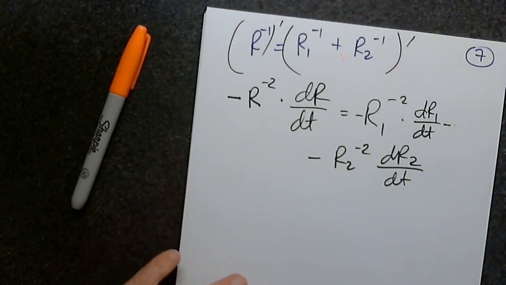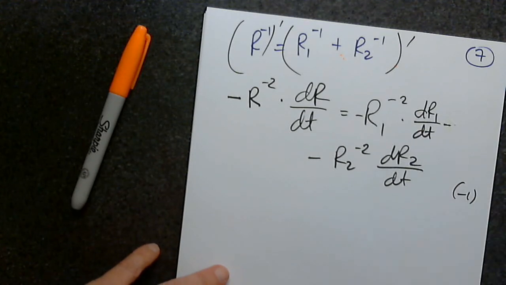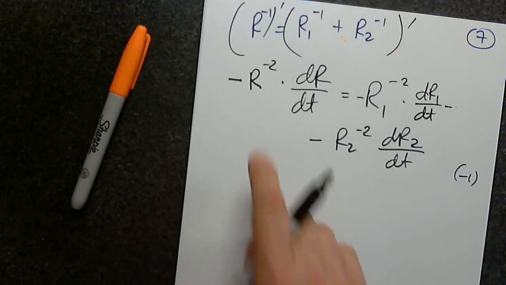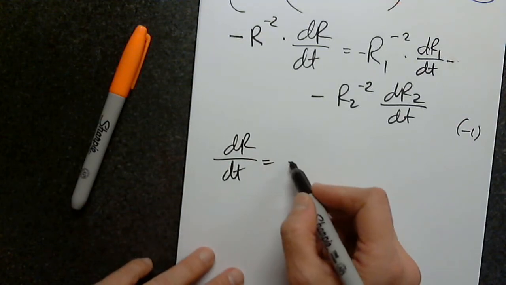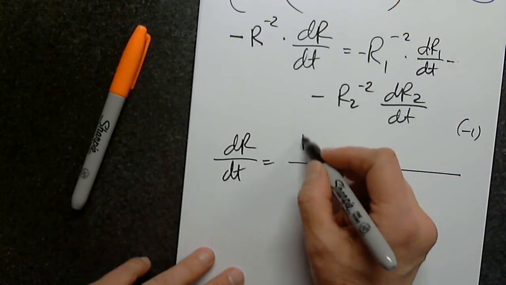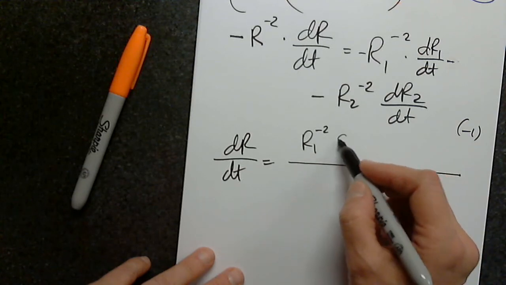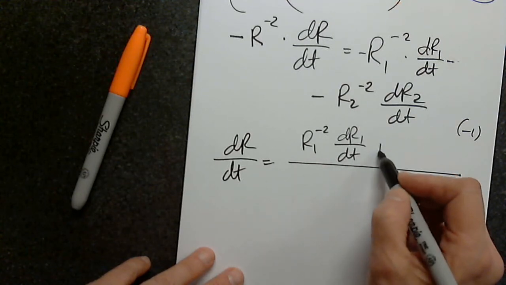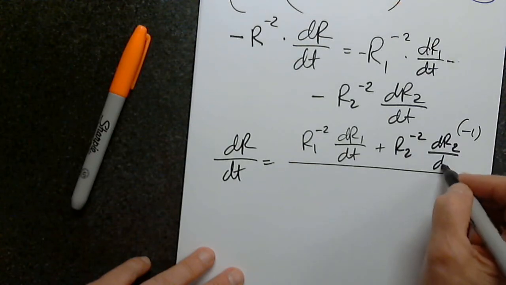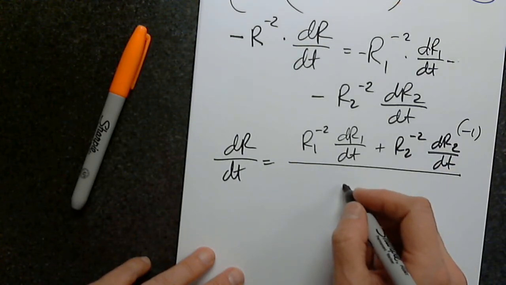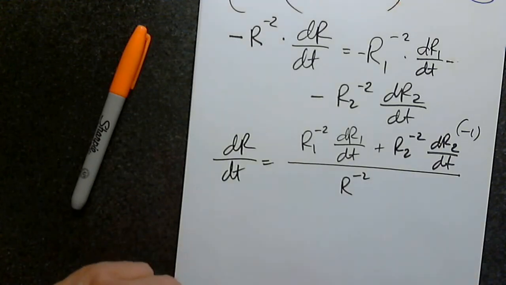I change everything into positive by multiplying everything by -1, and I divide by this. So dr over dt equals r1 to -2 dr1 over dt plus r2 to -2 dr2 over dt, over r to -2.